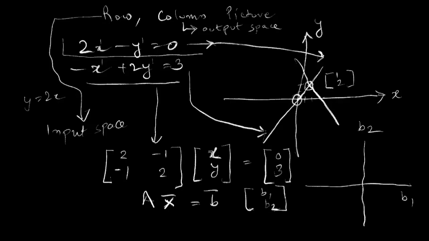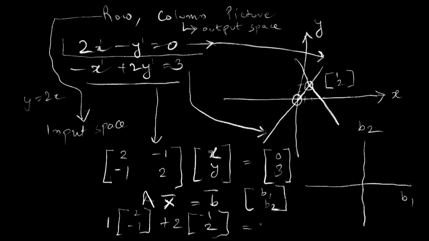So what is this telling us? If I use that example, the result from the row picture, which is 1, 2, it is telling me if I take 1 of 2, minus 1 and take 2 of minus 1, 2, I should land up at 0, 3. Do I do that?